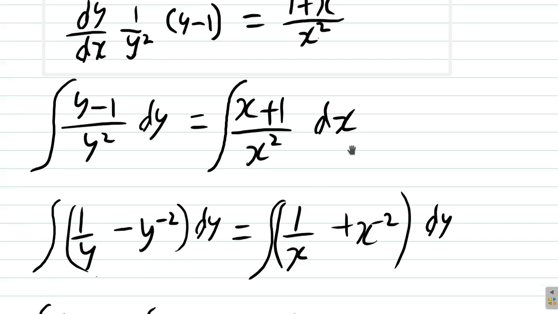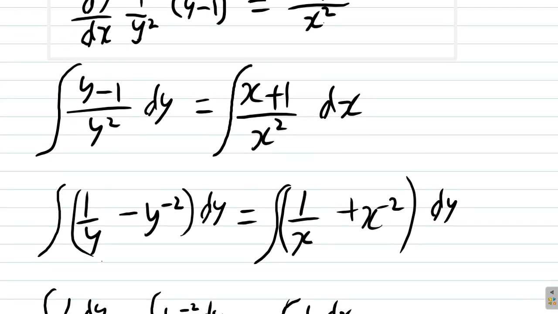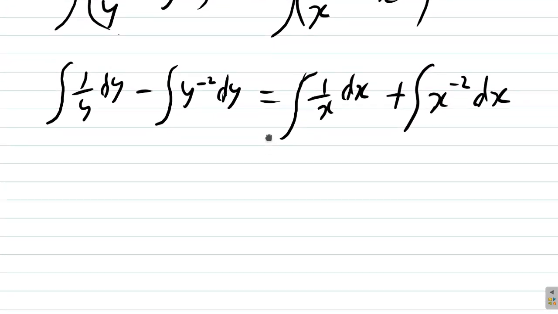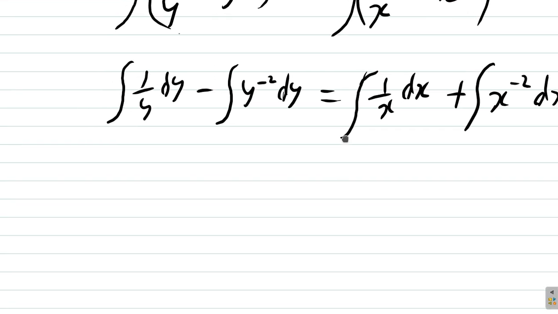Hold on, why did I put dy over here? It's dx. I just realized it. So it's 1 over x dx plus the integral of x to the negative 2 dx. Okay. We just show the integral of each term separately, right?